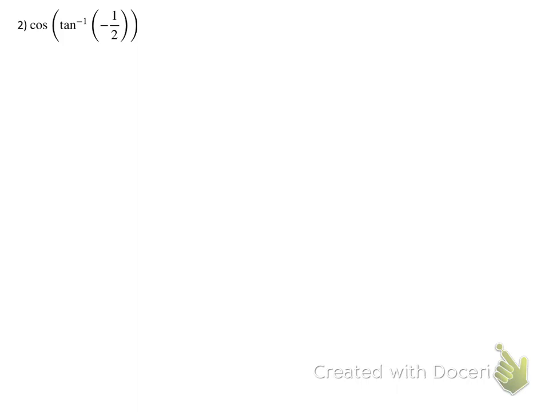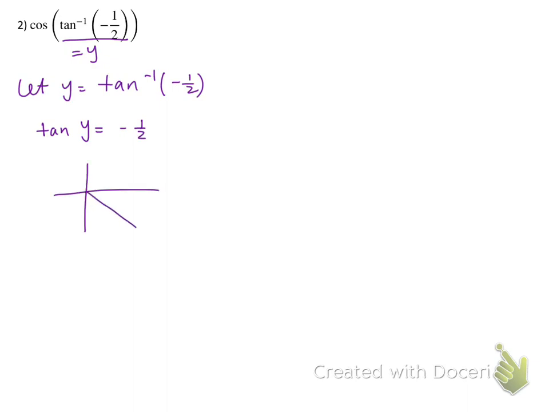So this is our angle, and we call it y. So let y be tangent inverse negative 1/2, which means tan y equals negative 1/2, and our y is in quadrant 4.